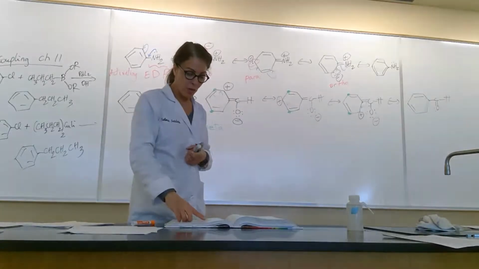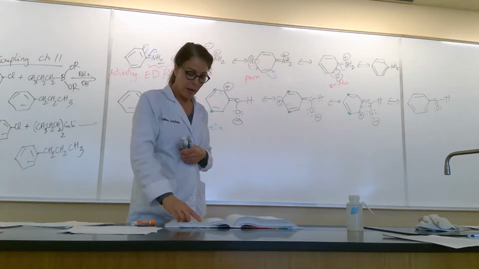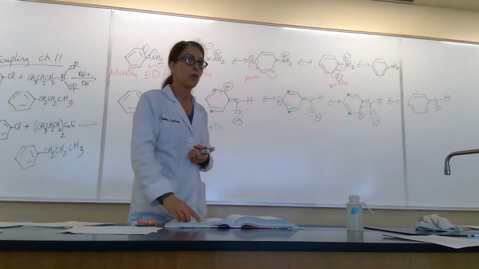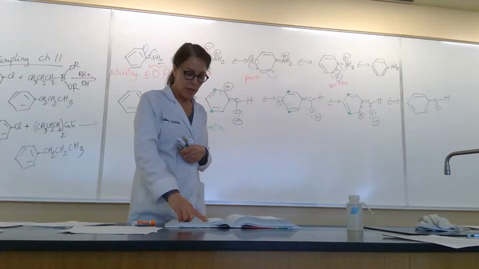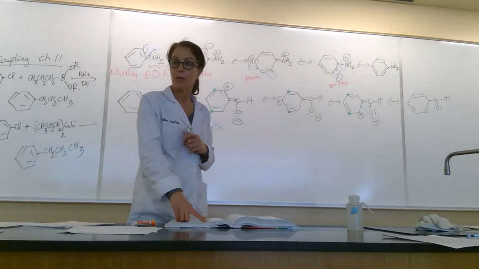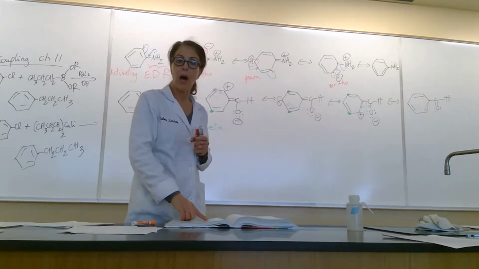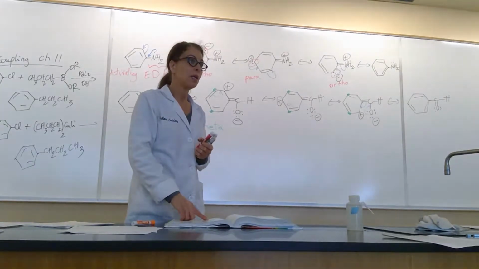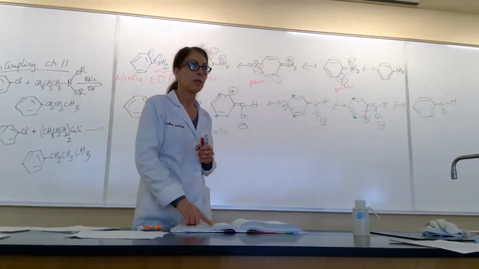The top ones say ortho-para directing, that's the term we use. Ortho-para directing means the reaction happens in these positions, and these are the activating substituents. So the top of the table are activating. The bottom of the table are deactivating, meaning it only happens in the meta position.